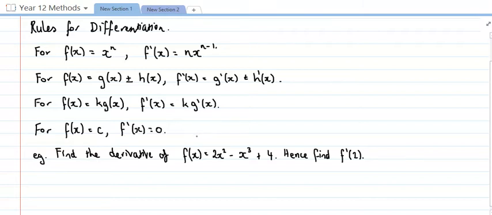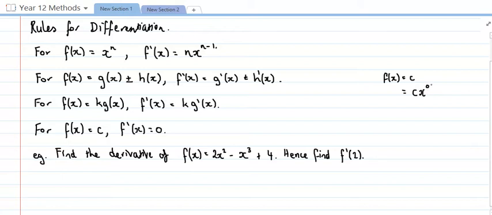Okay. Now there's a good reason for that. I'll show you that just over here. So if f of x is equal to c, we could write that as cx to the power of 0.